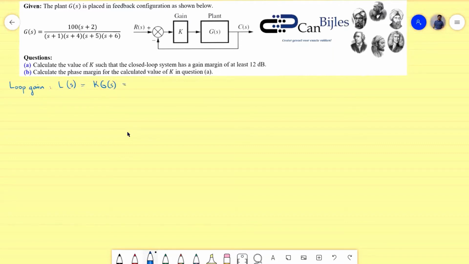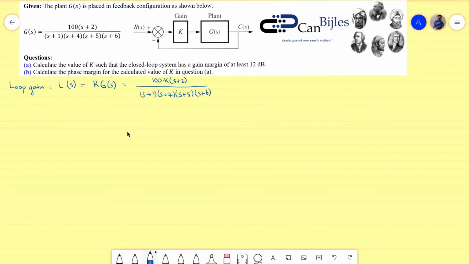So K times G. So what we have is K times the expression of the plant. So if you do that, you will get 100 times K times S plus 2, and then divided by the poles S plus 1, S plus 4, and then S plus 5, and S plus 6.